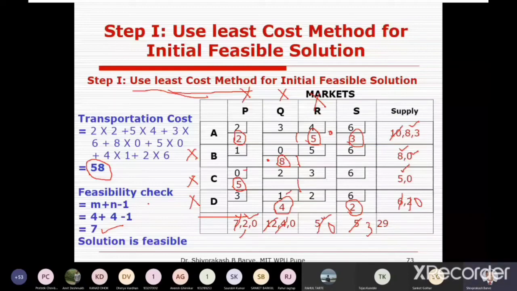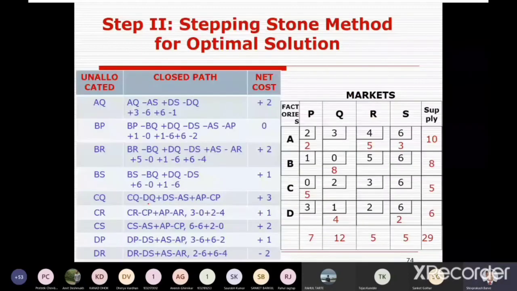Now I have to check whether this solution is optimal or not. For the optimum condition, I have to use either the stepping stone method or the UV, modified distribution method. I have used the stepping stone method here.